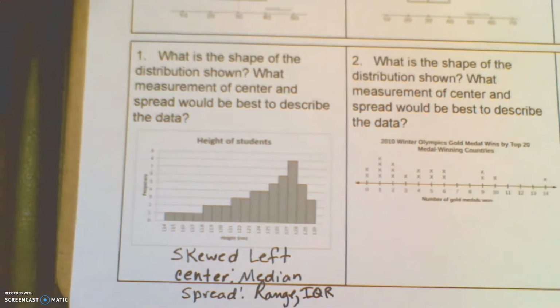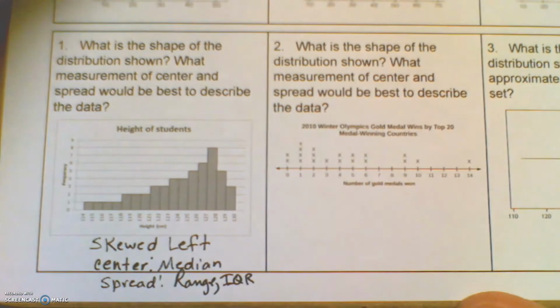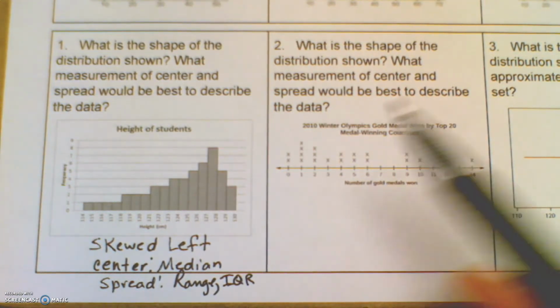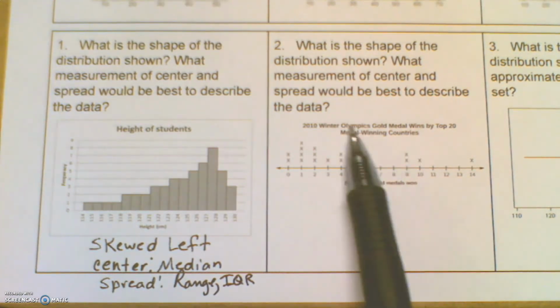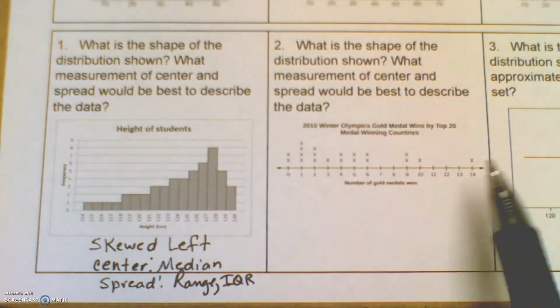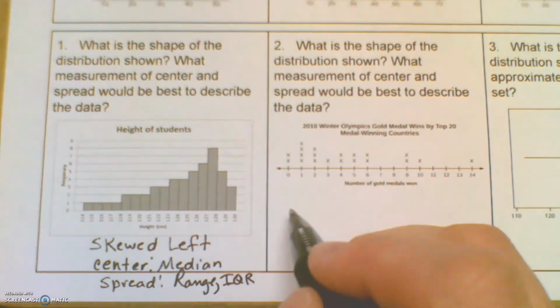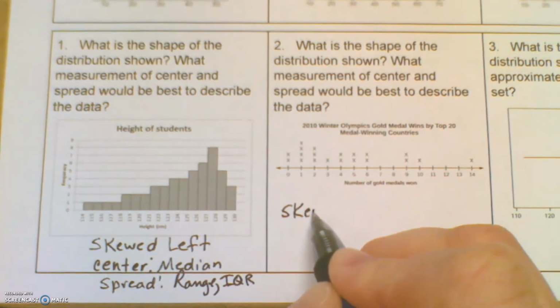Let's look at a second example. What is the shape of the distribution shown? Most of the numbers are located in here, which means your tail is towards the right, so this is skewed right.